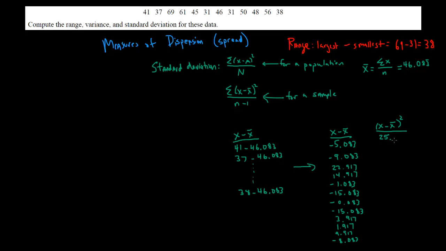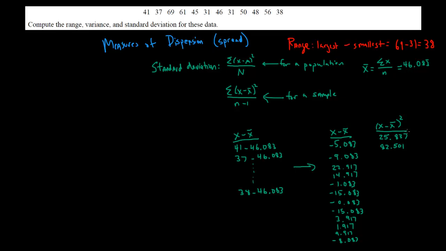Let's see, how do we want to round here? Let's round to 3 decimal places still, so 837. Okay, then negative 9.083 squared. That is 82.501.